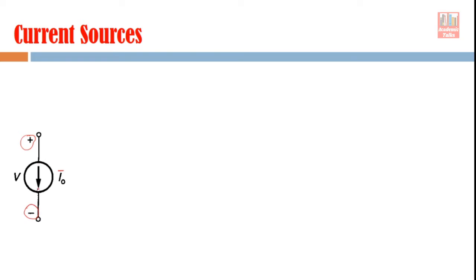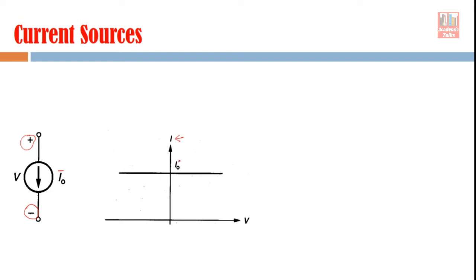So, current has a direction in the current source, and what we expect if we look at the characteristics. Here you can see on the x axis there is V, the voltage which appears across the current source, and on the y axis there is current which passes through the current source, and you can see the characteristics. It is a straight line.